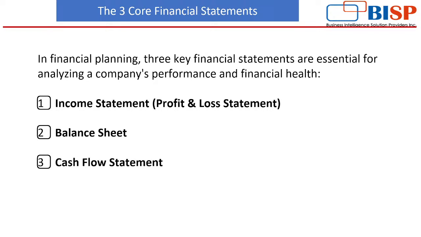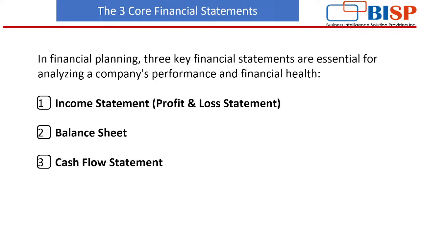The income statement has revenue, cost of goods sold, then operating expenses, EBITDA, and net profit. So why do we prepare income statements? Basically, it helps stakeholders assess if the business is profitable or operating at a loss, and where costs can be optimized.